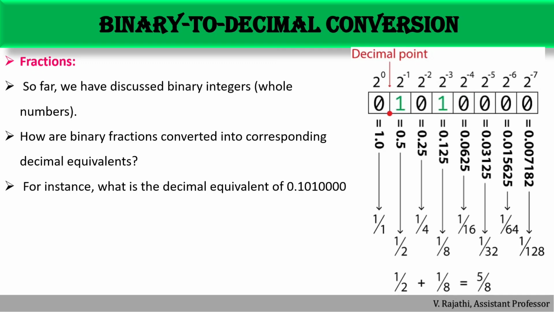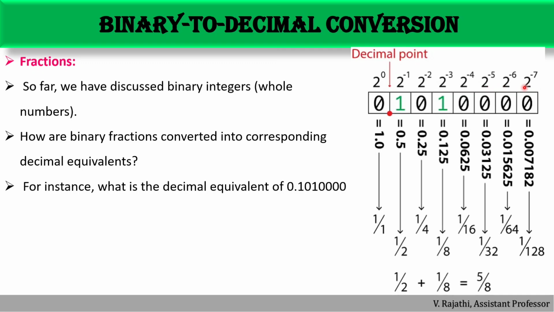For whole numbers the powers are 2 power 0, 2 power 1 and so on. After the point, the powers will be 2 power minus 1, 2 power minus 2, 2 power minus 3, 2 power minus 4, 2 power minus 5, 2 power minus 6, and it goes on.